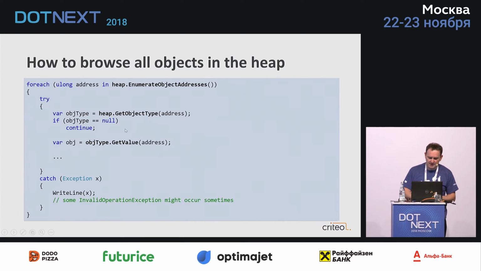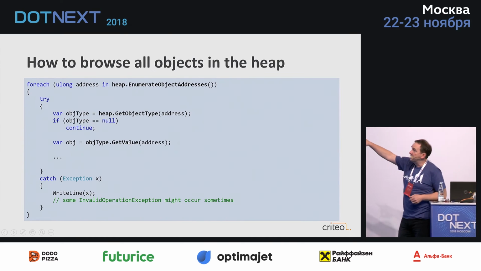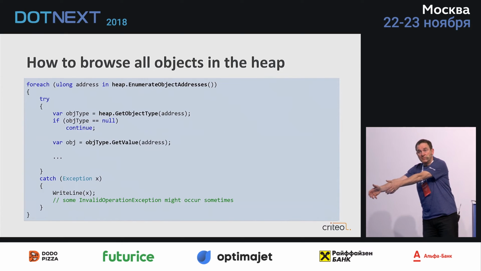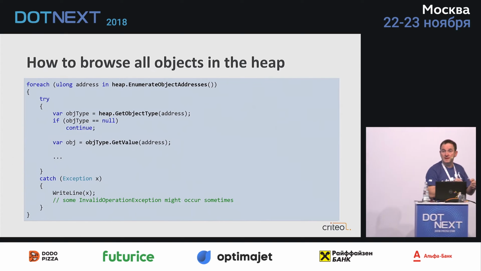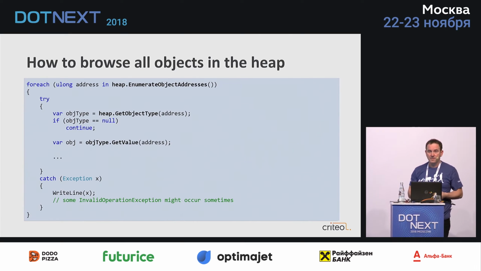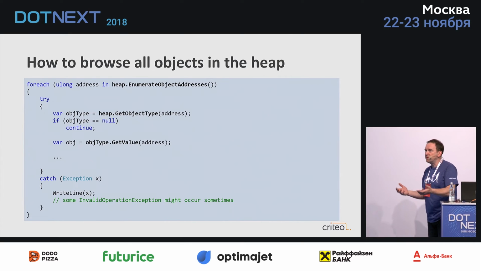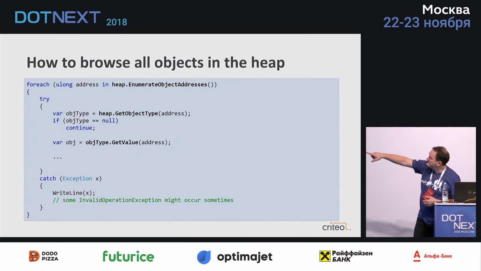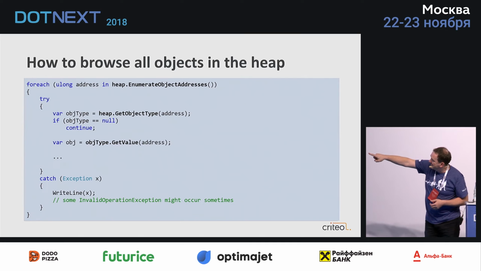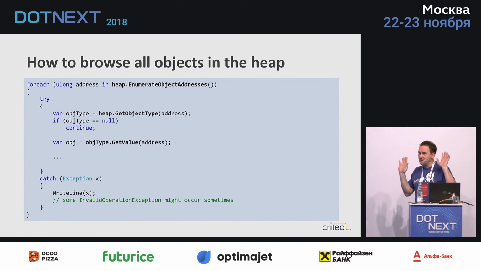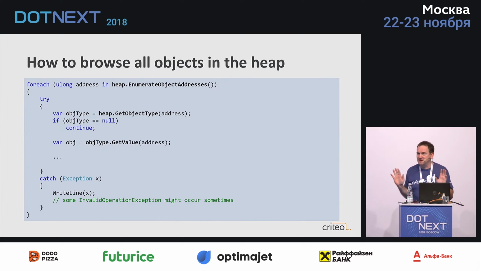Once I get the type, I'm asking to get the object that is at that address with this type. Please, ClrMD, marshal for me the object here. And once I'm there, I can start to do some investigation. Remember my catch exception there, because sometimes an invalid exception might occur. Don't ask me. Sometimes I get this kind of exception.